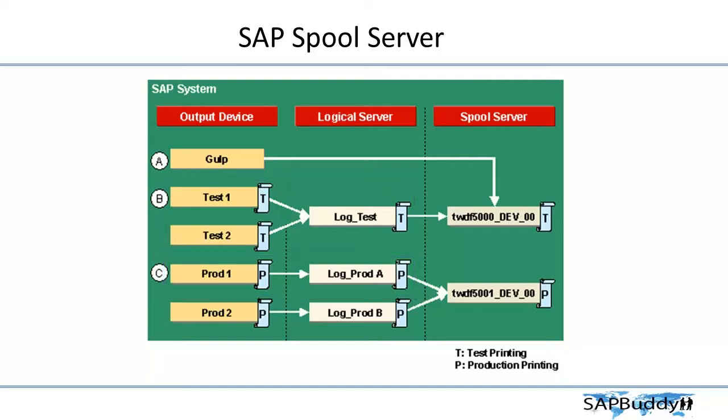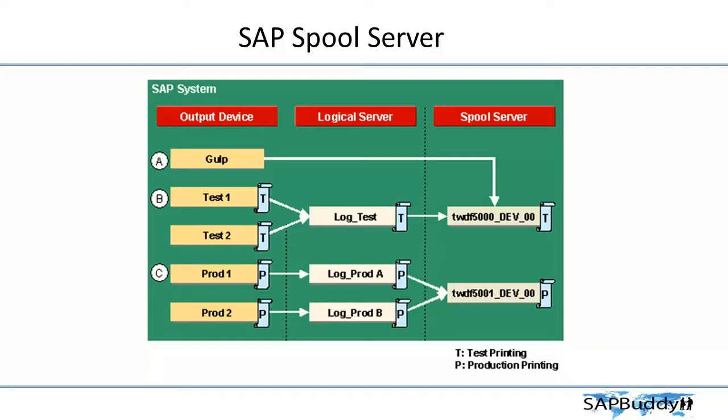The idea behind that is, let's assume in your SAP system you have more than one instance or application server. You can see here with the development system we have two different application servers, whereas you can create multiple logical servers and assign these devices to that logical server. It can be one or more.